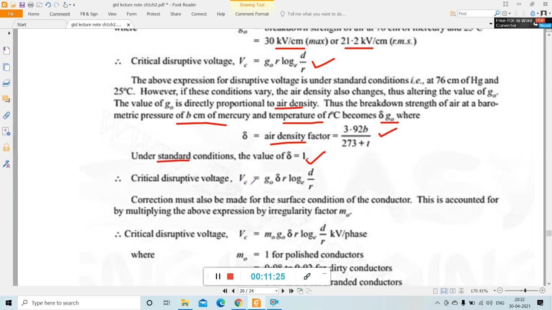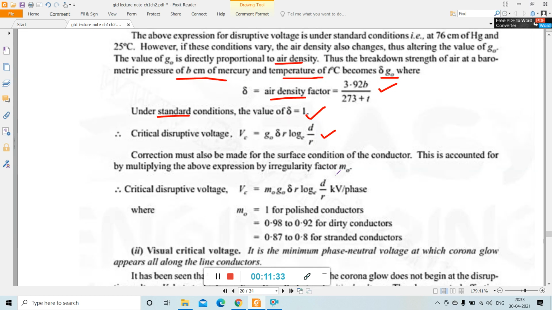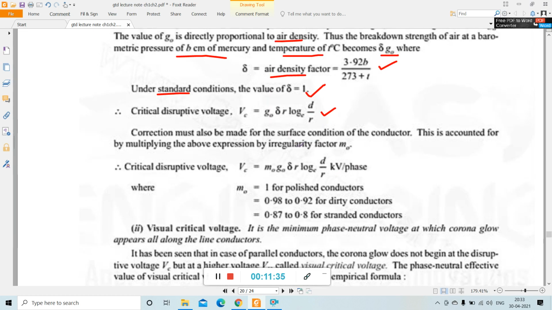So critical disruptive voltage Vc is now δ G0 R log base e d by R. And if we are taking into consideration the surface condition of the conductor, then we have to multiply by the irregularity factor m0.